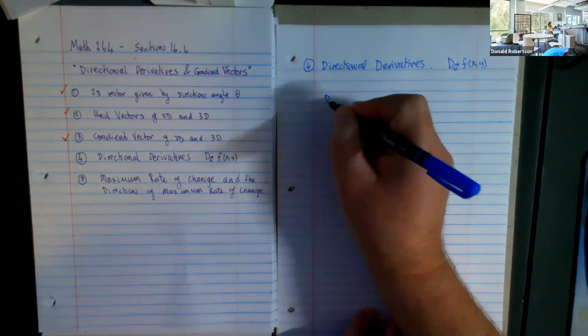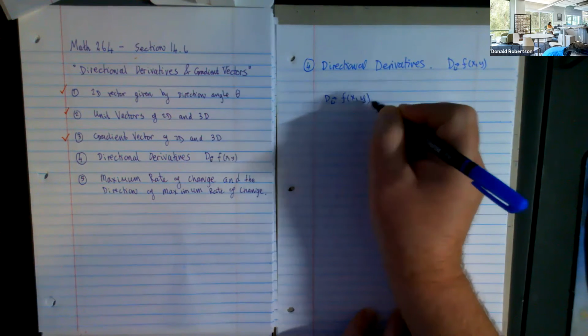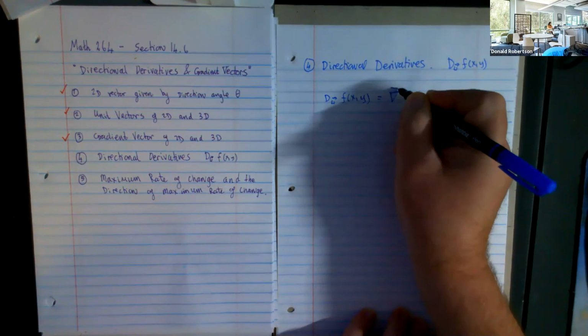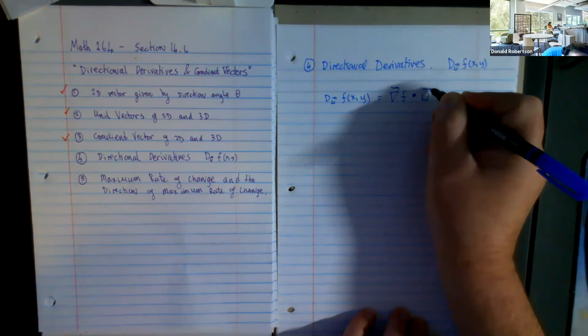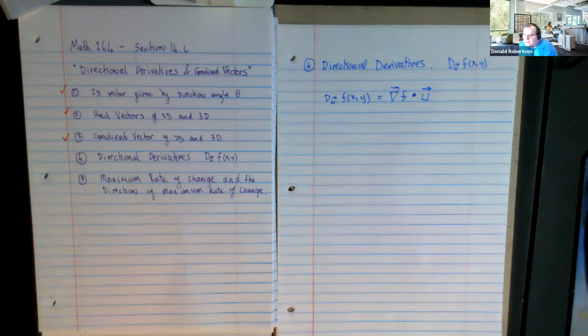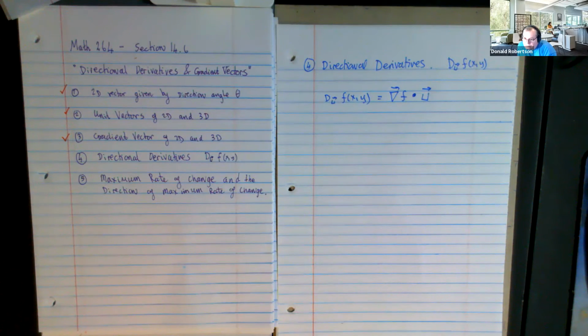Now, here is the formula for calculating a directional derivative. It's the grad of f dot product with u. Remember dot products from Calc 3 and physics, whatever else you did, dot products. Okay, so what I'm going to look at are three special cases.